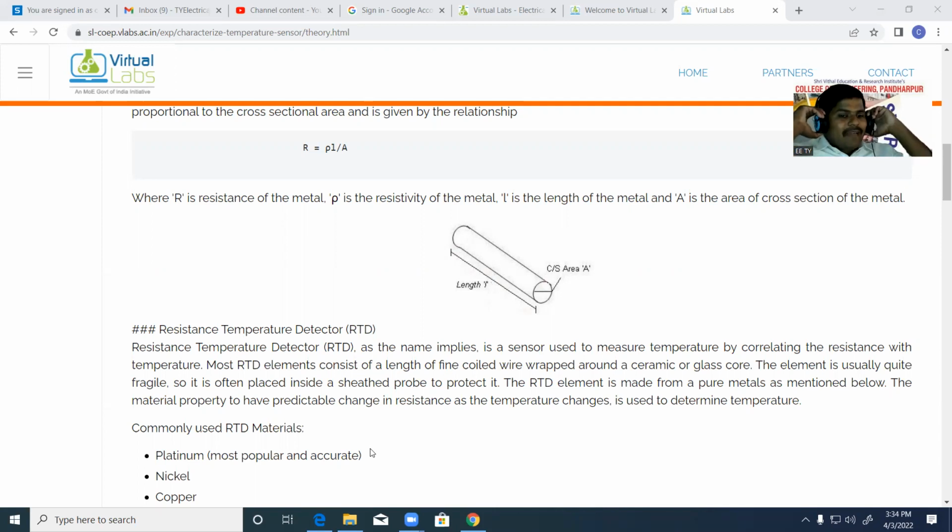Most RTD elements consist of a length of fine coiled wire wrapped around a ceramic or glass core.